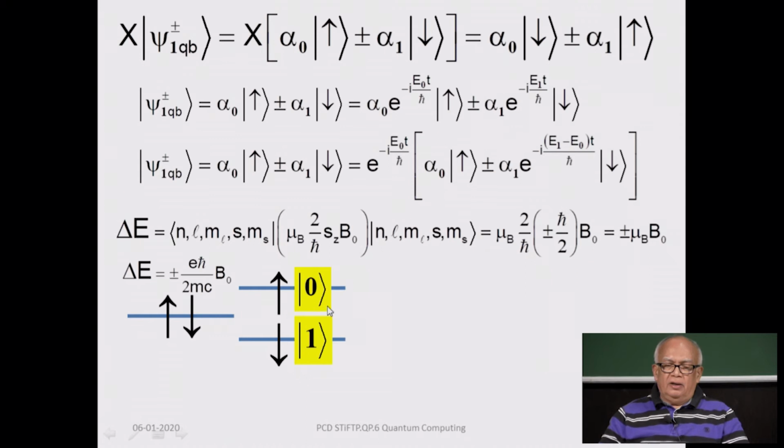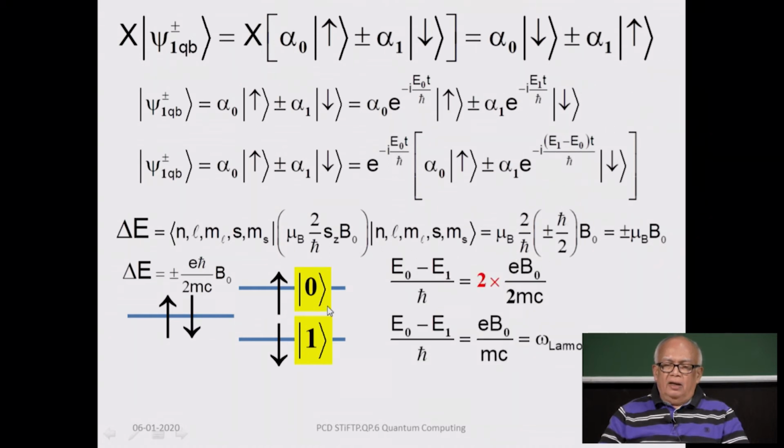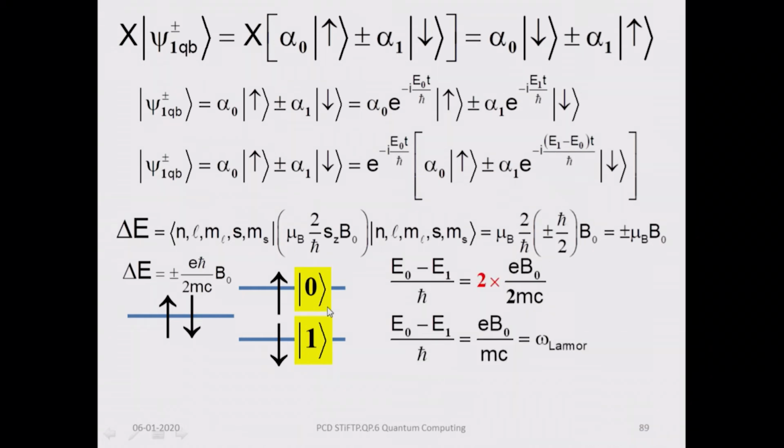Okay? So this energy difference in units of h cross is a circular frequency omega, which is called as the Larmor frequency. So this is the Larmor frequency. It is eB0 divided by m times c. Okay?